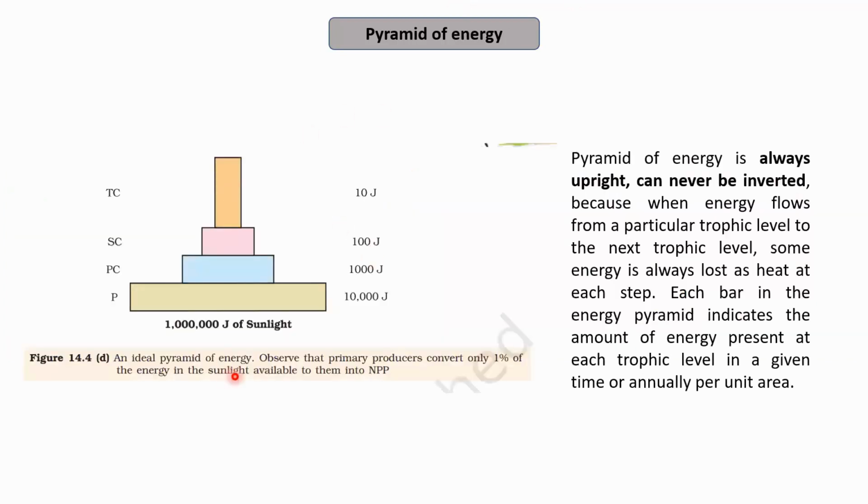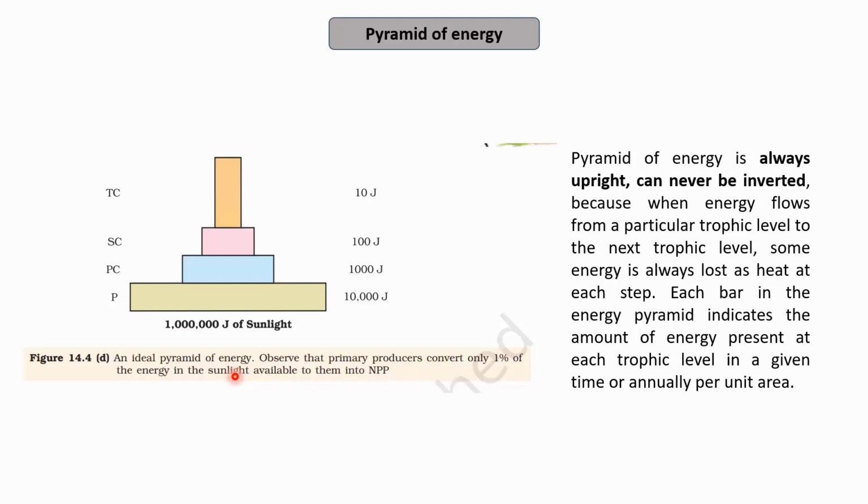The next is the pyramid of energy. Unlike the pyramid of numbers or the pyramid of biomass that can be both upright or inverted, the pyramid of energy is always upright. There is no example where the pyramid of energy is inverted, because we know that primary producers are the ones that harness the energy.